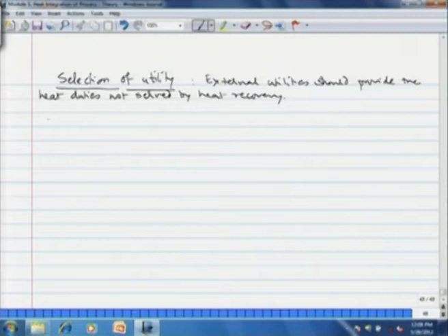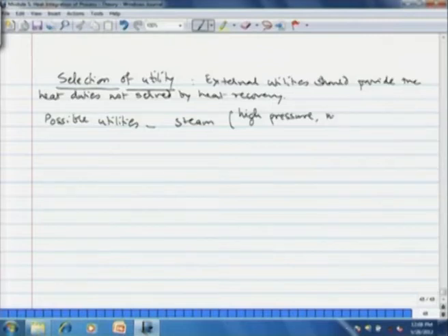Now, what are the possible utilities? The most common hot utility is steam, which is at different levels: high pressure steam, medium pressure steam, low pressure steam, depending on the temperature levels.